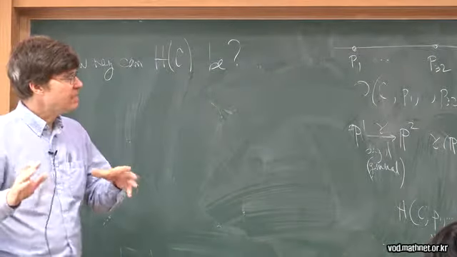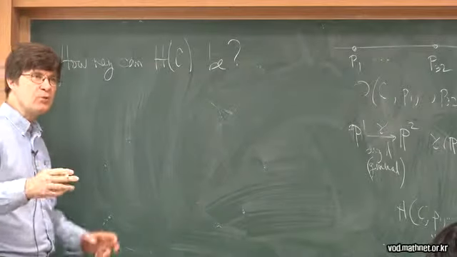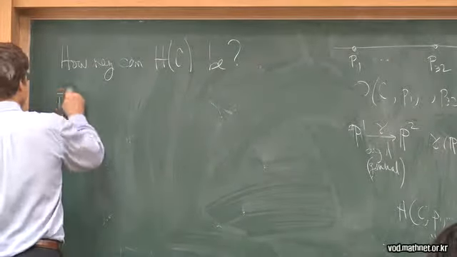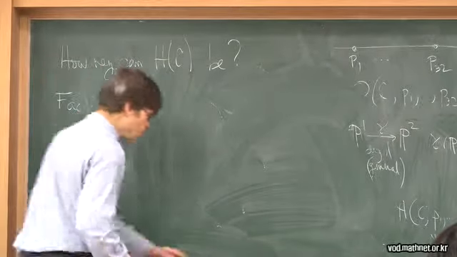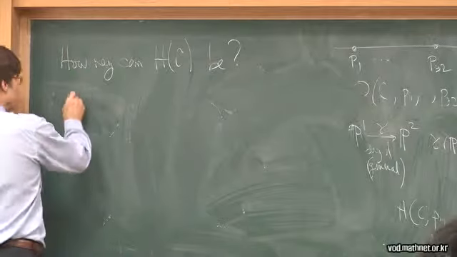The reason that we're looking at this is the following fact. We were hoping that this would be useful. So here is the fact. Well, let me introduce a little more notation just for simplicity.